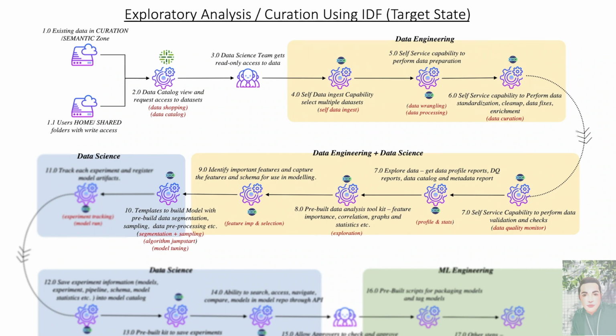So capability wise, at step 10.0, the intention is to start with some baseline model, use the 140 attributes, find out which attributes are important, find the target value, select an algorithm, for example XGBoost, and go and build a model and then track an experiment, right?